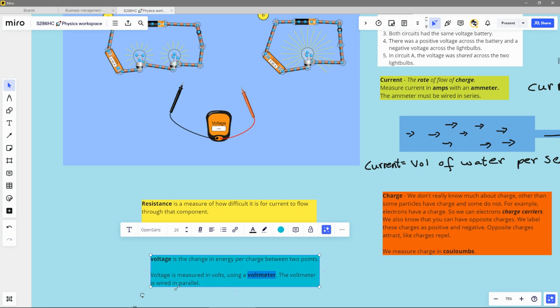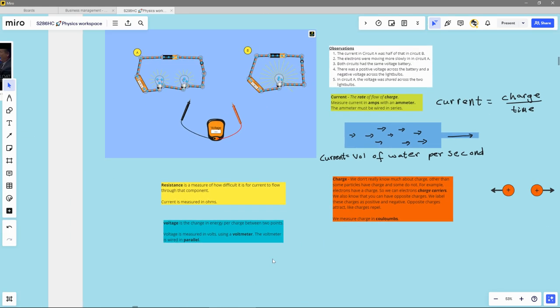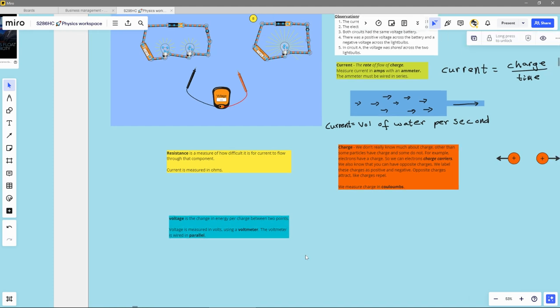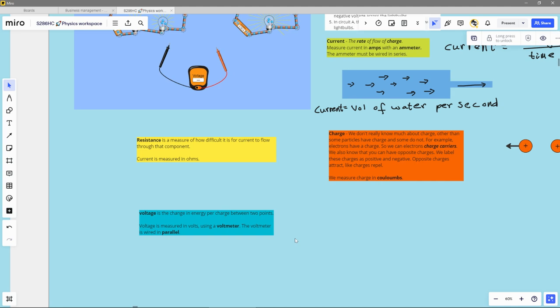Now we've got a definition, and we want a formula. If it's the energy per charge, then whenever you see the word per, we can imagine that means divide.